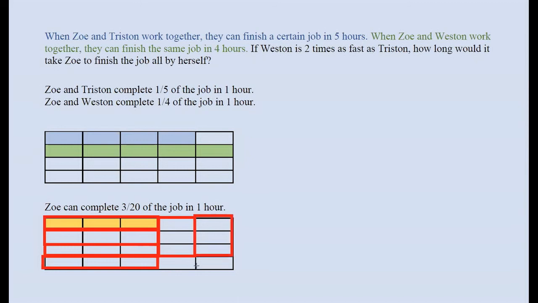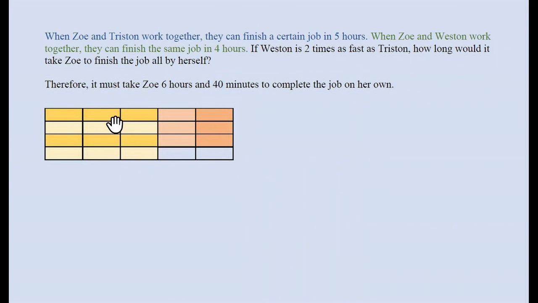And since only 2 cells are left, she will need less than 7 hours, but more than 6 hours. If Zoe takes 1 hour to do 3 cells, she must be taking 20 minutes to do 1 cell. So for the remaining 2 cells, she will need 40 minutes, 20 plus 20. So the answer is Zoe will complete the task in 6 hours and 40 minutes.